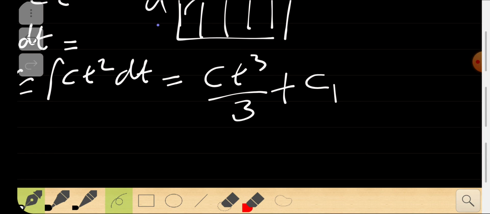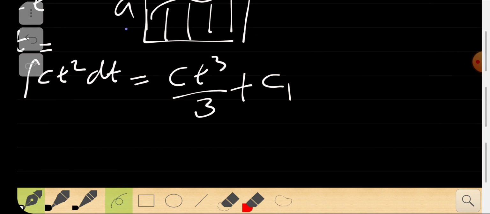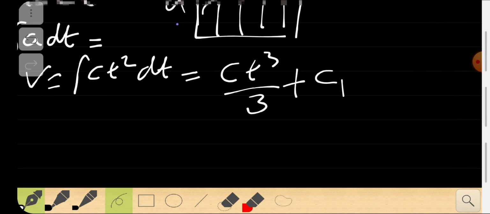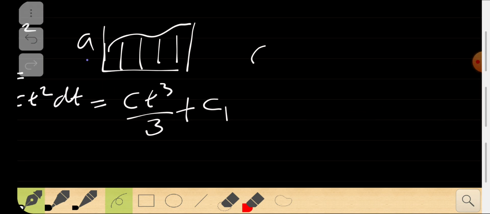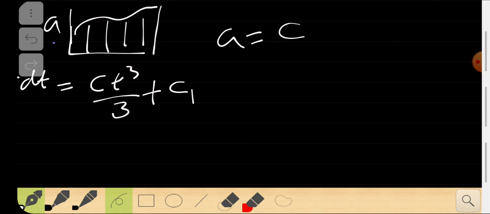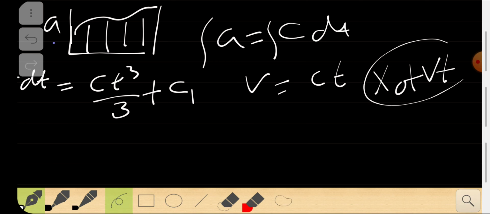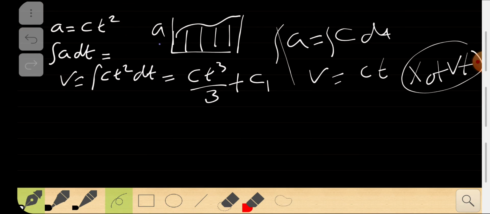Now this is an equation which is not familiar to you, but you can imagine that if a was equal to some constant, v would be the integral of a times dt, which will be c t. So it's some form of v is equal to v0 plus a t.